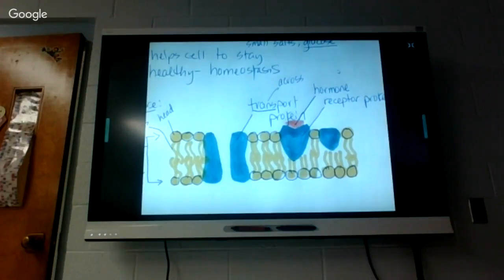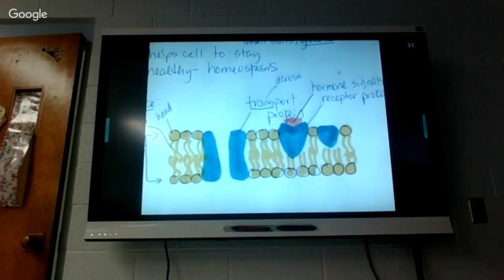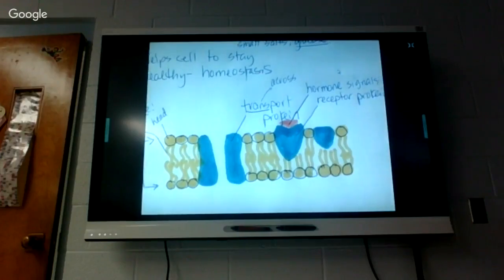And they receive particular hormone signals. What hormone tells your cells to uptake sugar, glucose? That, if you're not a diabetic, you don't have a problem with. Insulin. So this is like insulin.